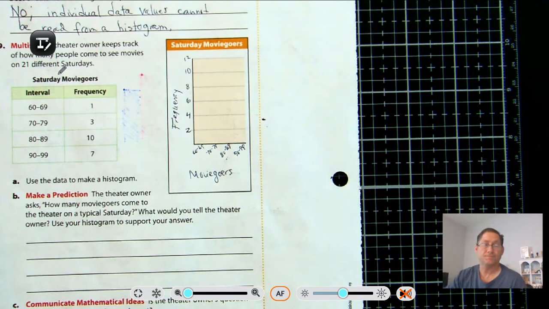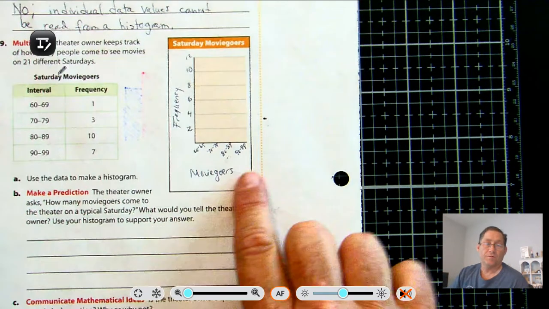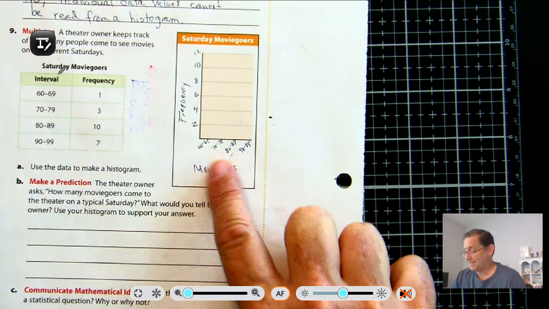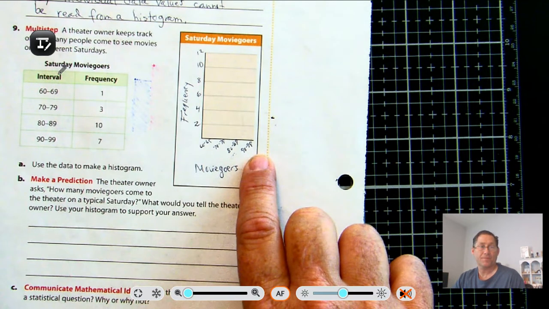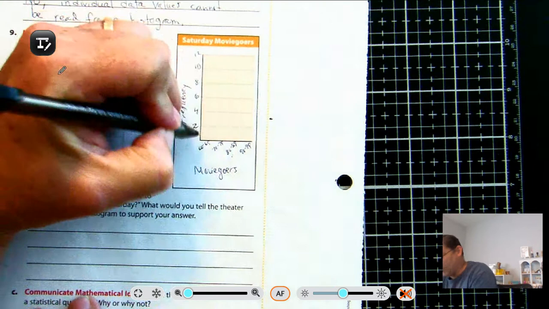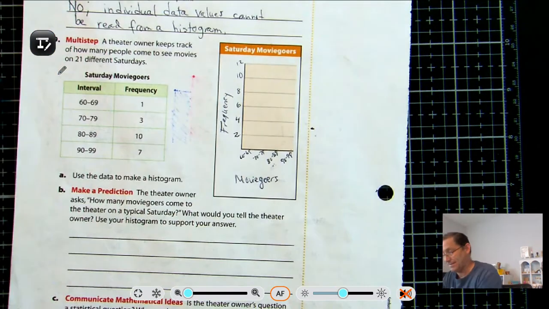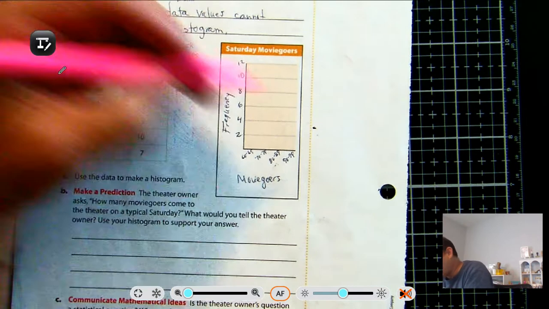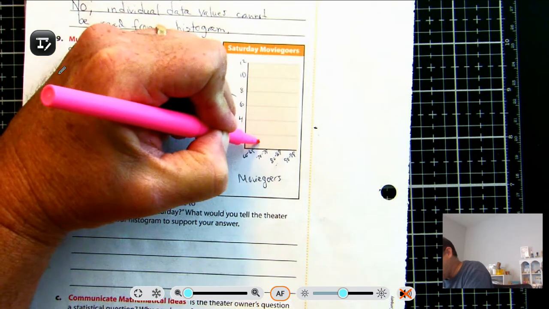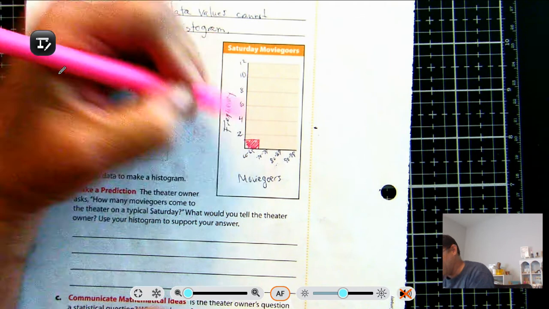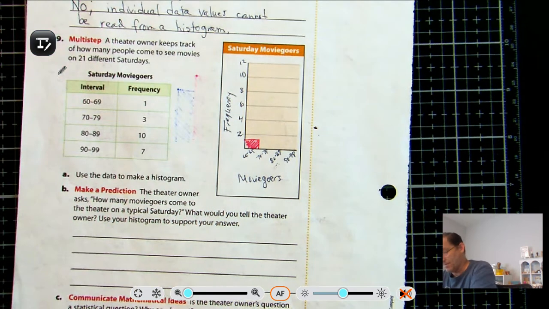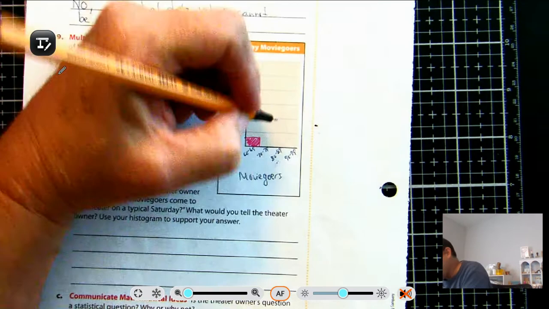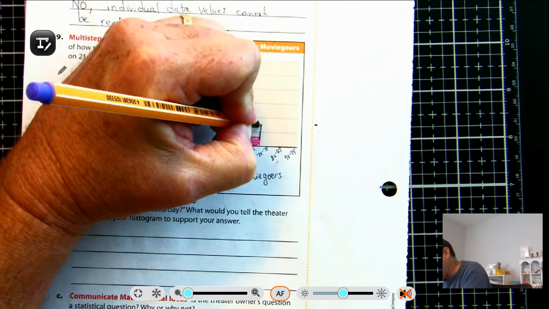All right. So moviegoers from 60 to 99. From 60 to 69, there was only one day, one Saturday, that had 60 to 69. There were 3 from 70 to 79.